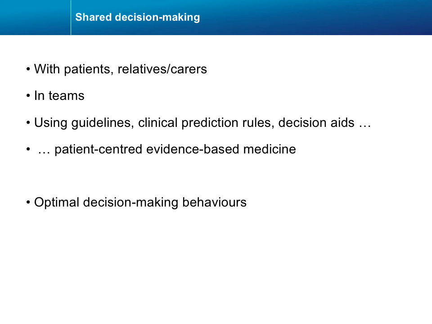Back to what I was saying about patient-centred evidence-based medicine, this is quite important. Imagine a 90-year-old man with a recent GI bleed who now presents with an inferior STEMI, a heart attack. Should he be put on dual antiplatelet therapy and heparin for his heart attack?